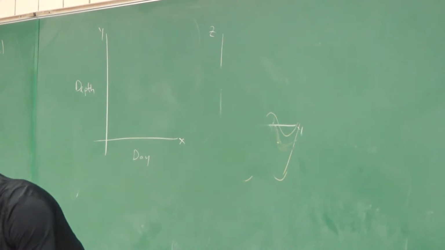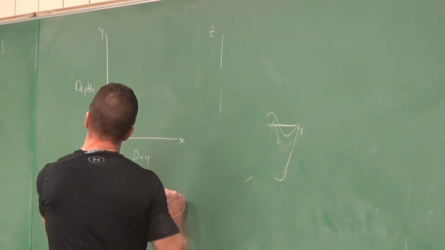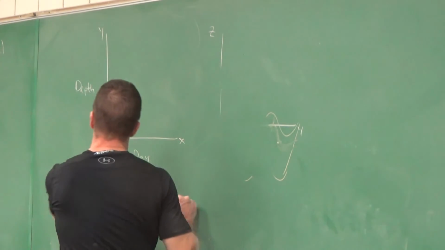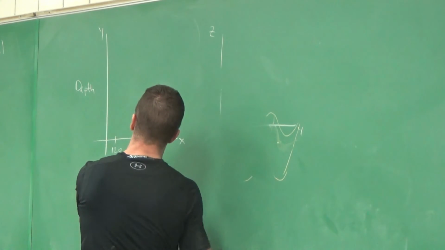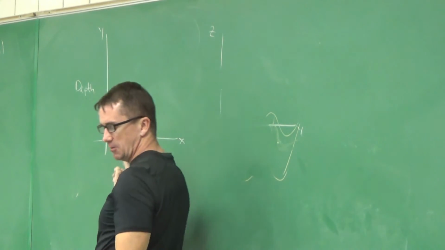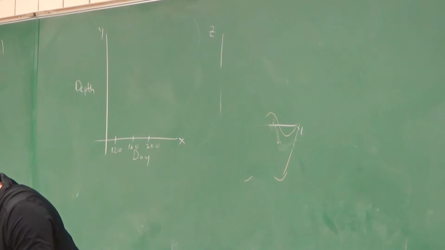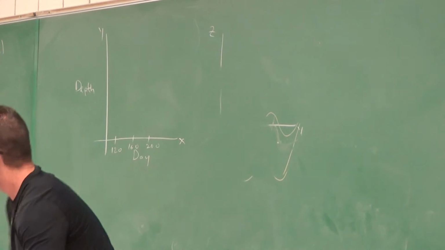And they go, can you estimate the temperature on day 160? I notice on the sheet you got a 120 here. Then you have a 160. There's a 200. Can you estimate the temperature on day 160? And please add this to this problem. Can you write on here?